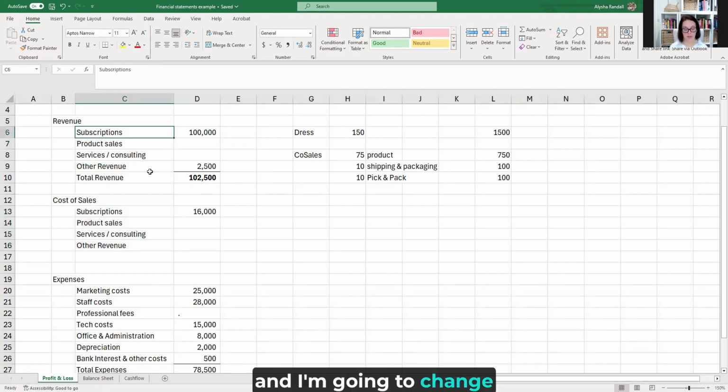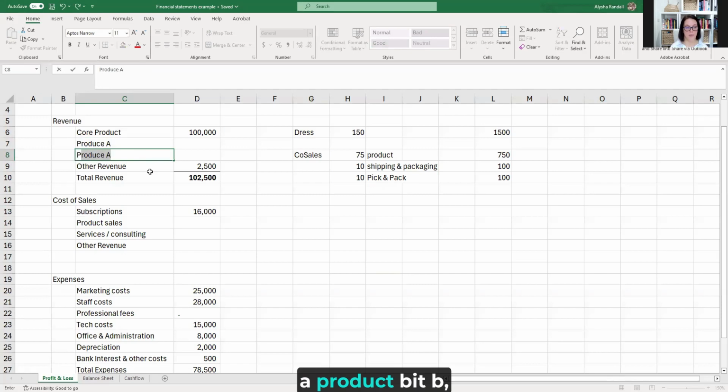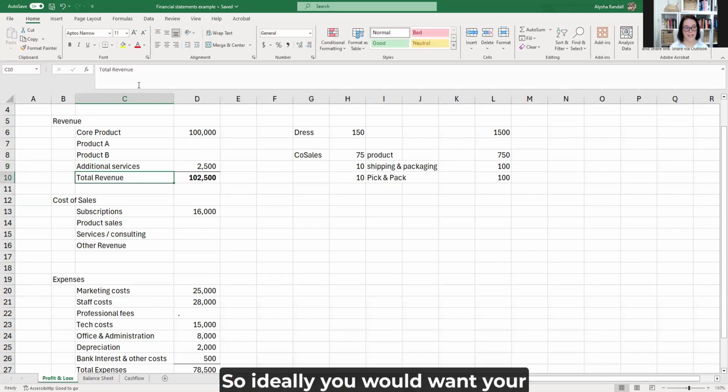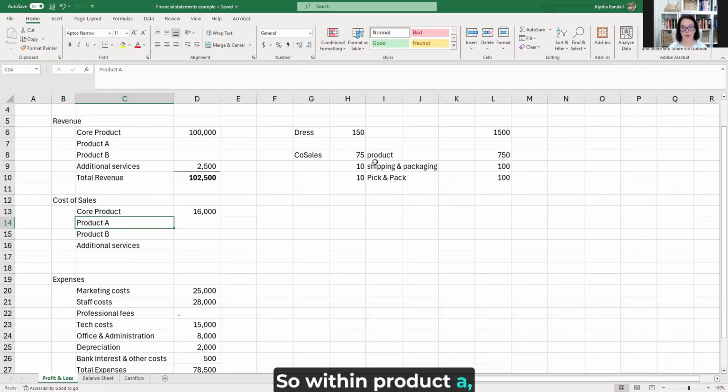I'm going to change this to core product, product A, product B, and then I'm going to add just additional services. So ideally, you would want your cost of sales to be the same.